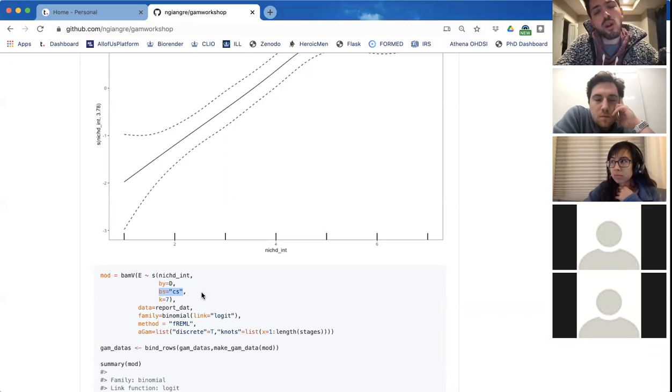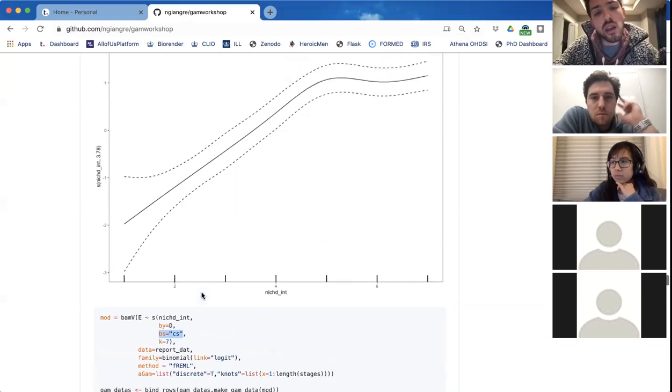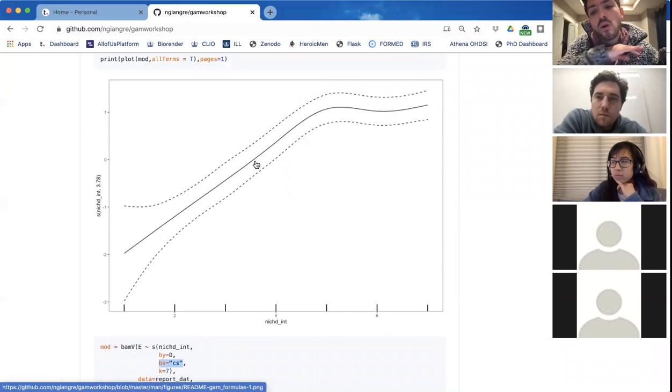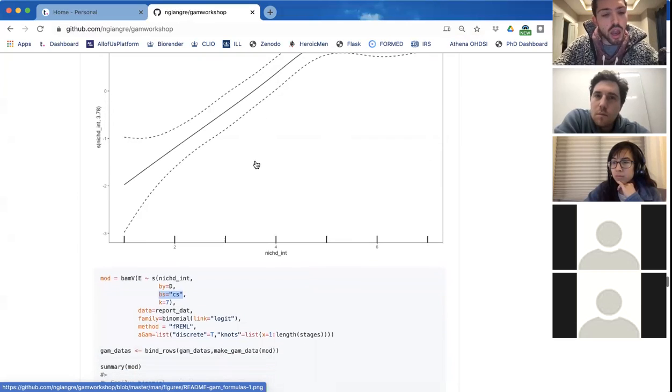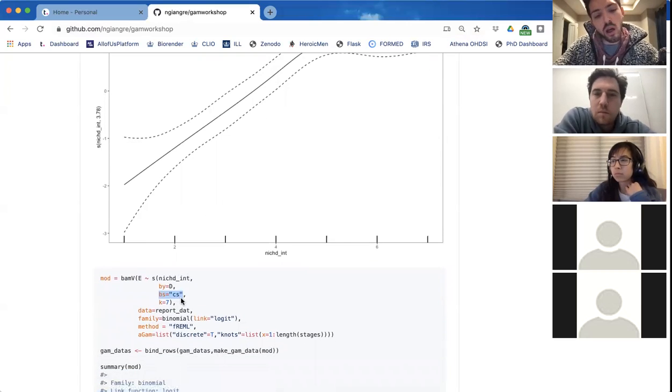What I mean by penalized is that there's a trade-off between how wiggly I want my line to be and how straight I want my line to be, and I let the model itself determine that wiggliness. That's what the bs specifies here, the general shape I want.